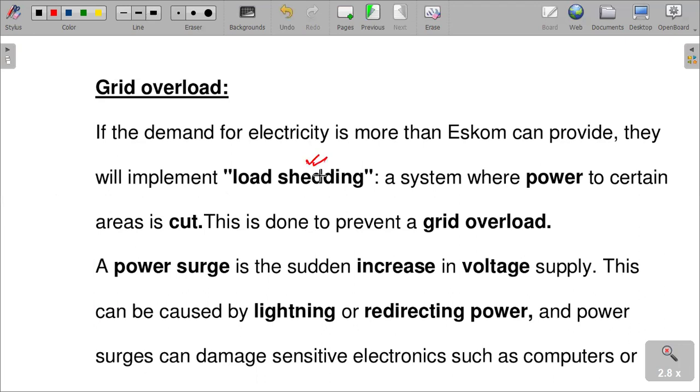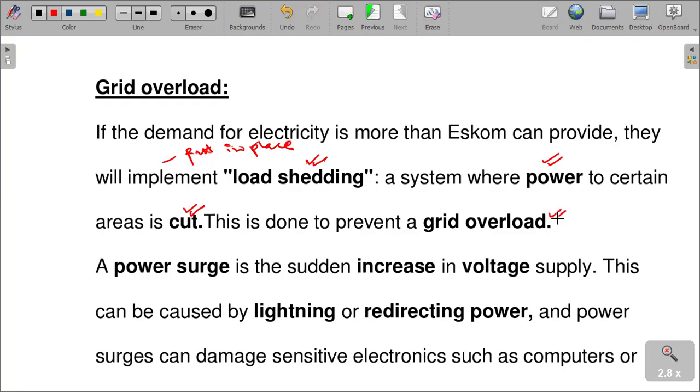When the demand is more than what can be generated, ESCOM can put in place load shedding, a system where power to certain areas is cut. That is what is called what? Load shedding. This is done to prevent grid overload.